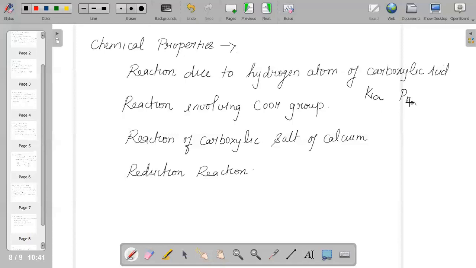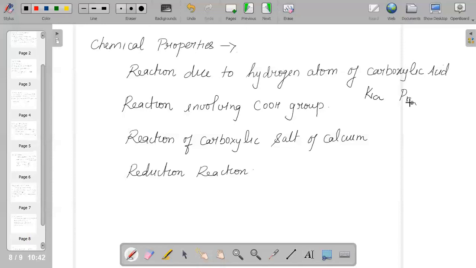And when we talk about the reactions involving the COOH group, there is the reaction of the acid with salt of calcium; it can also react with metals, and it can undergo a reduction reaction.